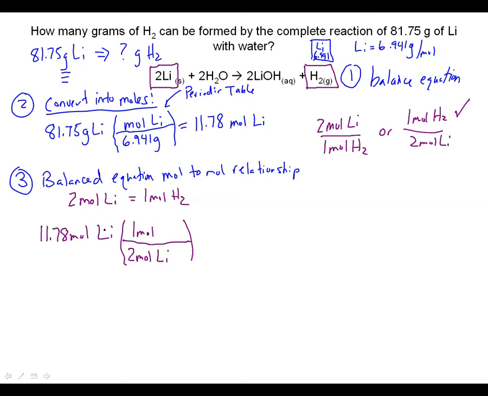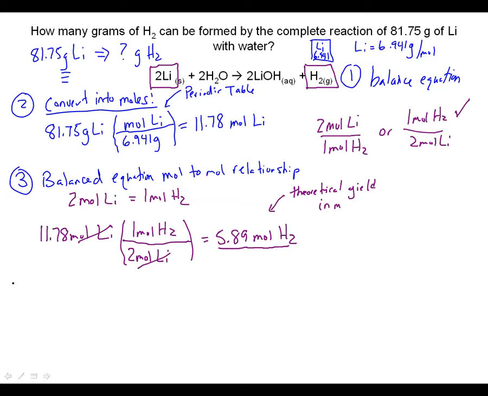Again, the moles of lithium are going to cancel. We take 11.78 divided by 2, which gets us 5.89 moles of H2. This technically would be your theoretical yield, in moles.